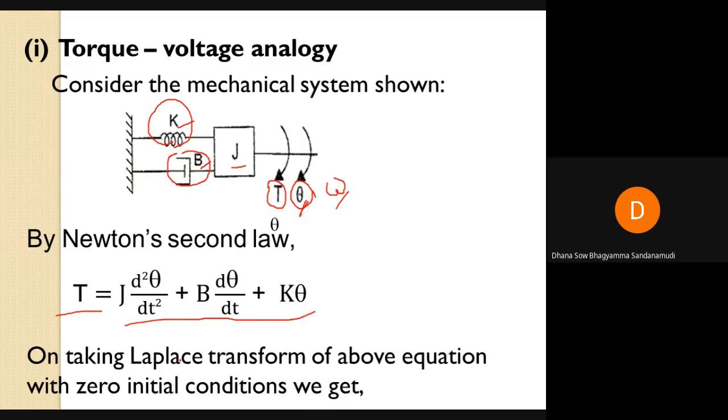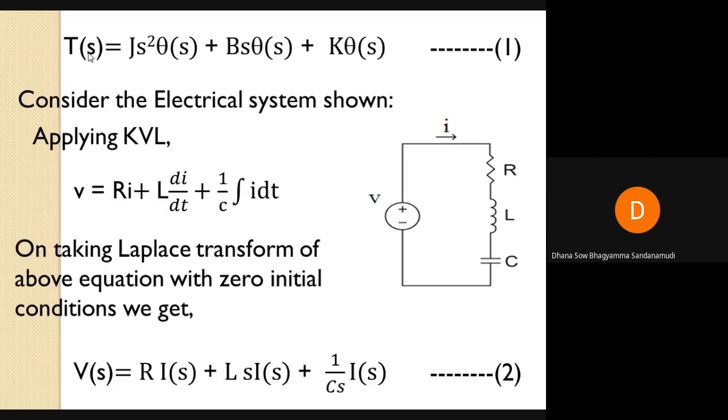Now apply Laplace transformation to this equation. You will get T(s) equals J s squared theta(s) plus B s theta(s) plus K theta(s). This you already know, how to represent in Laplace form.